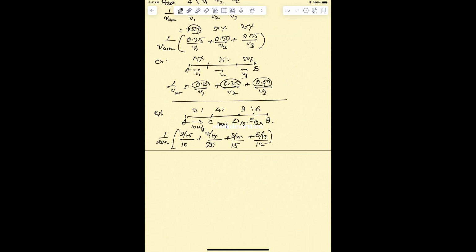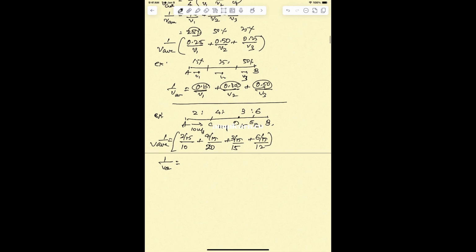This is what gives 1 by V average. You could also do it like this with the ratios: 2 divided by 10, plus 4 divided by 20, plus 3 divided by 15, plus 6 divided by 12, the whole divided by 2 plus 4 plus 3 plus 6. How much is it? 15.